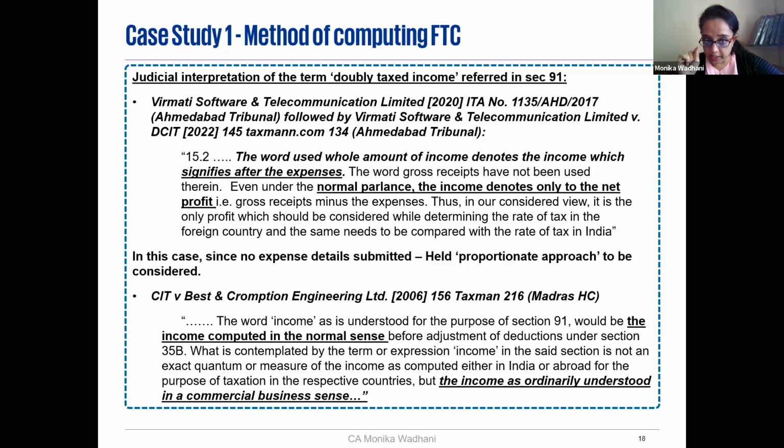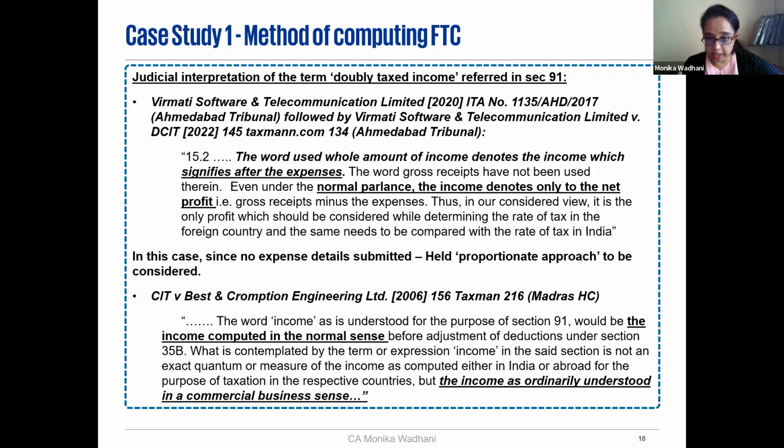So you have to see net profit and you don't have to see gross receipts. It says gross receipts minus the expenses. Also in case of Best and Crompton Engineering, Madras High Court has held that the word income as is understood for the purpose of section 91 would be the income computed in the normal sense before adjustment of deductions under section 35B.